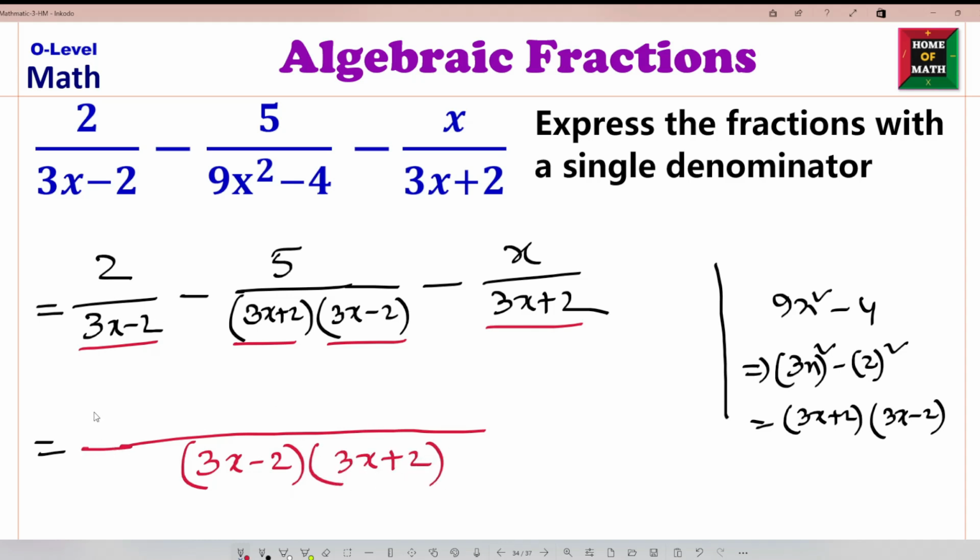So here 3x minus 2 will be out, so 2 times (3x plus 2) minus 5, because here is 3x plus 2, and 3x minus 2 will be divided by (3x minus 2) and (3x plus 2). So again here is minus x and here is 3x minus 2, okay.